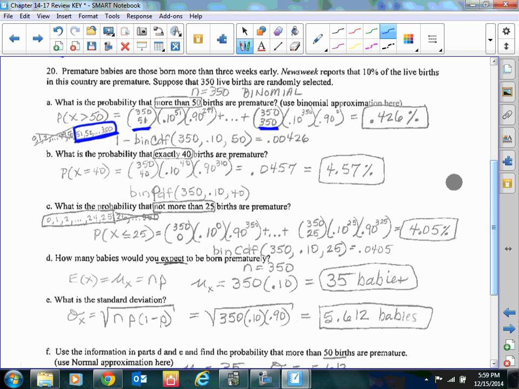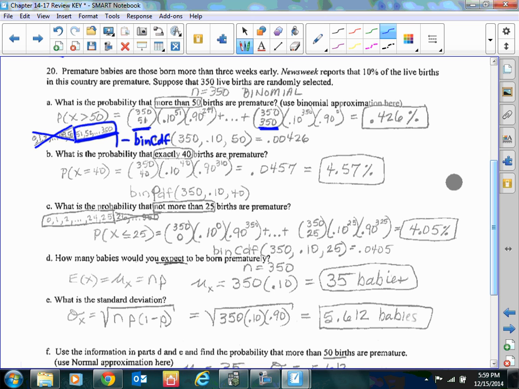So in order to do that, you have to do 100% and take away the bottom portion that is accumulated. Since you want purely more than 50, you want to take off the bottom 50 this time. This time it didn't say at least 50. It says purely more than. So you want 51 to 350. So 1 minus binomial CDF of 350, comma, 0.10, comma, 50, and that gives you 0.426%.